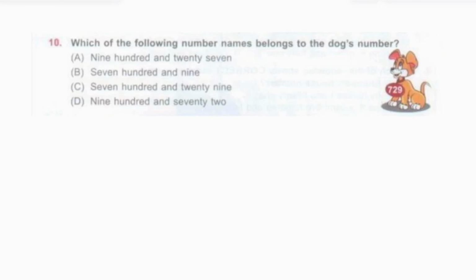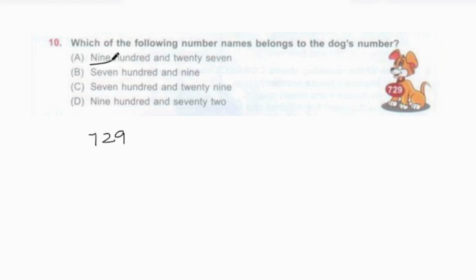Let's try to solve question number 10. If you see the question, it reads as, which of the following number names belong to the dog's number? The dog's number is 729. So, as a student of Sugar Maths, what you can do is simply eliminate the numbers that do not start with 7.